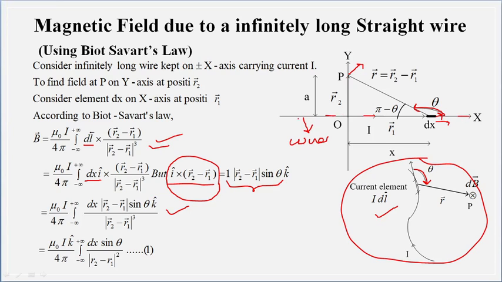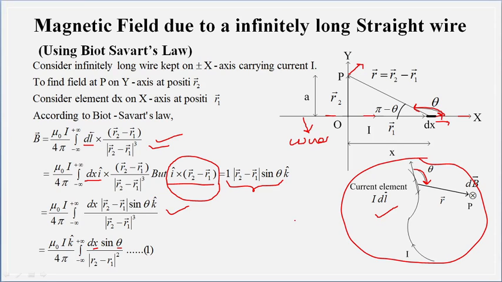The element can be anywhere on the wire, so x is not a constant. x is a variable, because x can be anywhere on the wire. Then theta is also a variable. Since x is variable, at different positions on the wire, theta will be different. Theta is a variable. Then vector r2 minus vector r1.